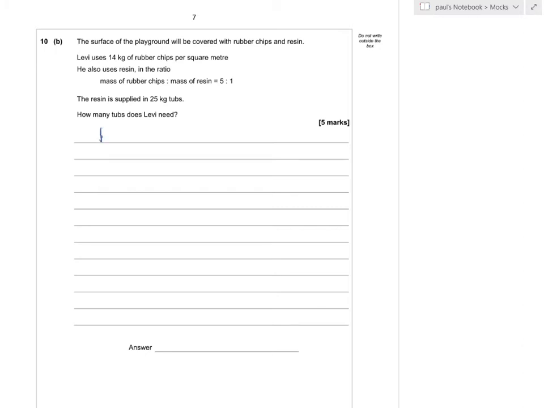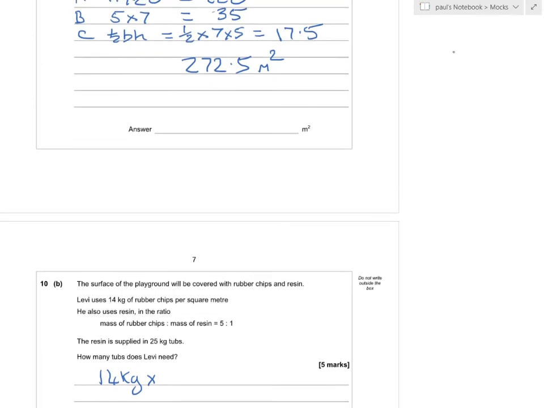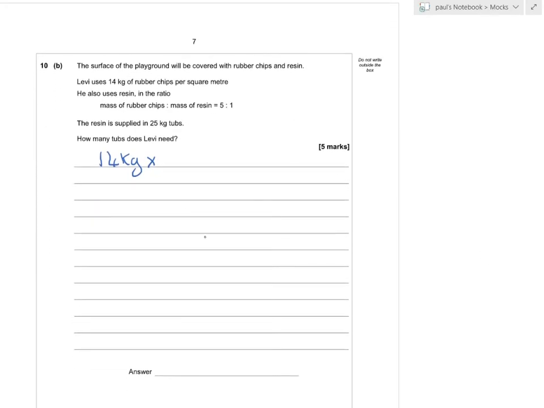So it's 14 kilograms times the area. Now what was the area? It was up here. 272.5. This will be the kilograms for the whole park. 3815.